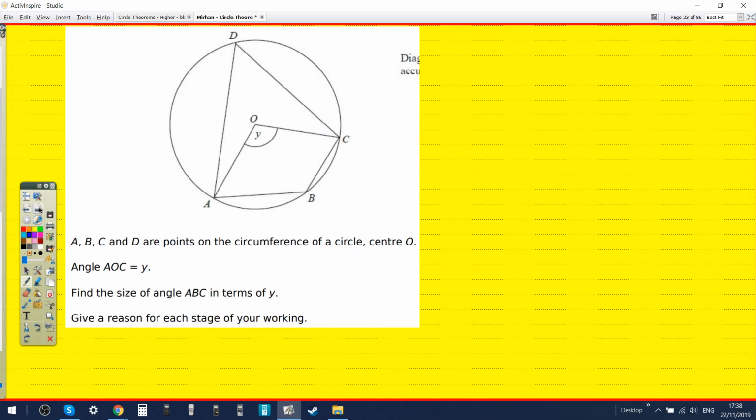There's one type that I think we need to do in terms of Y. Okay, let's do this. So D is Y divided by 2. Yeah.